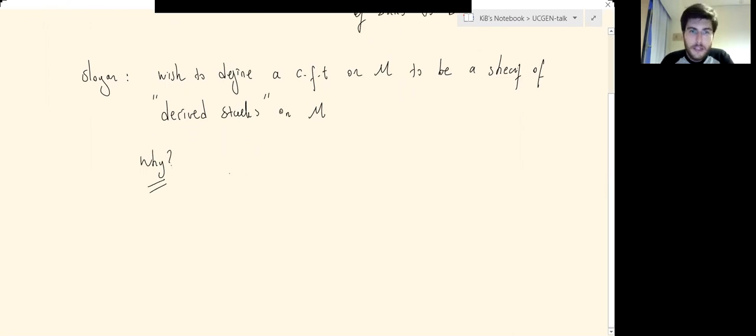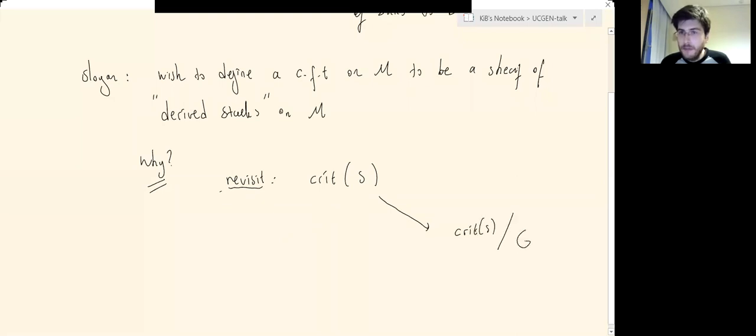We need to revisit the critical locus discussion. I assume you remember it. We have two more or less obvious problems here. The first problem is that when you divide by the action, you may get a bad quotient. What does it mean?